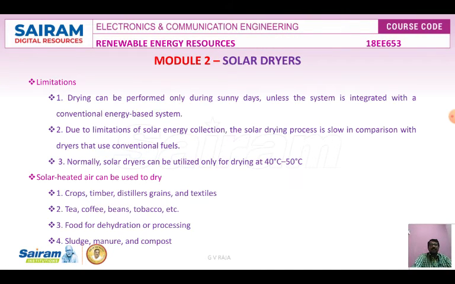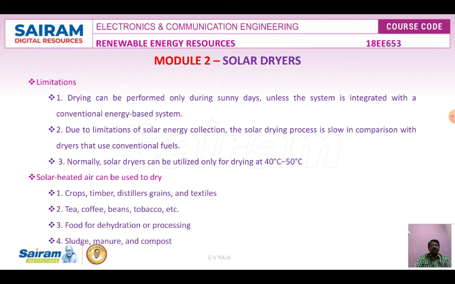The limitation is that the drying process can be done only in the daytime, or if we use some additional fossil fuel, then we can go even into night time, if the system is integrated with a conventional energy based system.